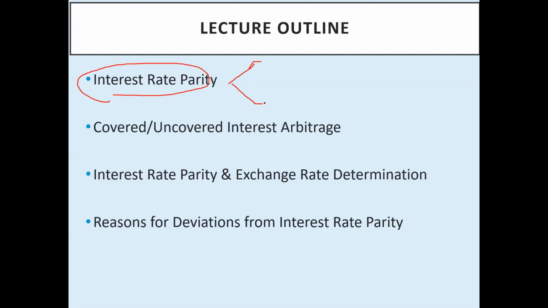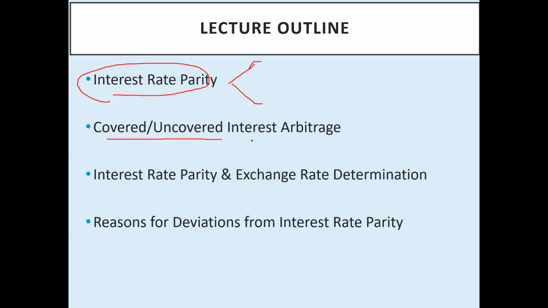Through that exercise, we were using the arbitrage strategy to prove that that condition should hold, okay? So in this lecture, we're going to be using arbitrage pricing to prove the interest rate parity condition, okay?